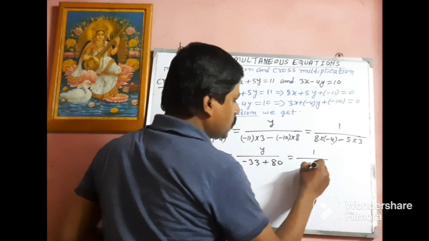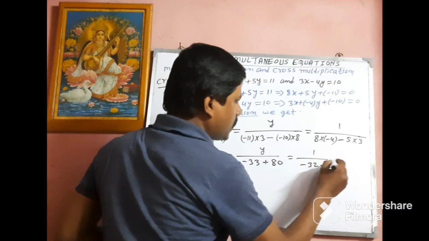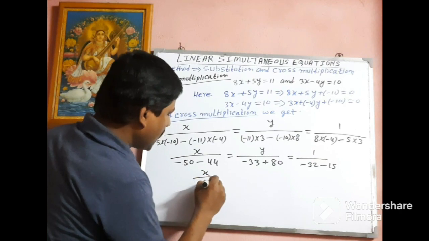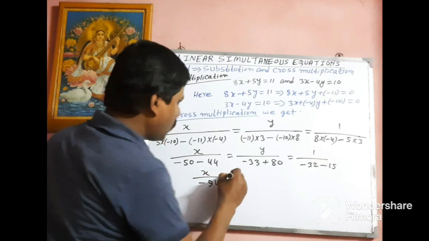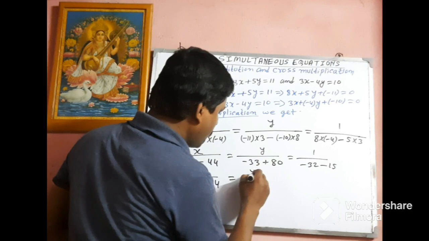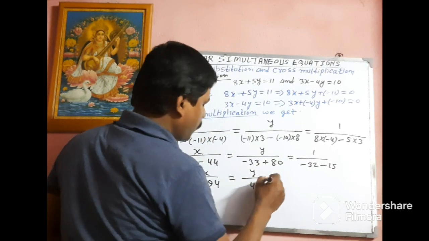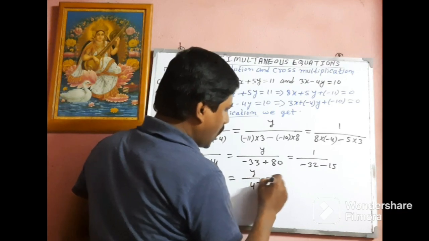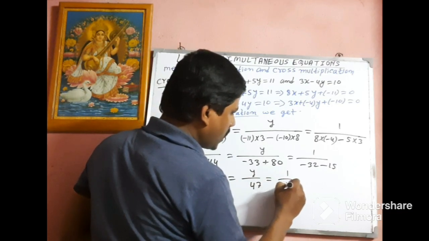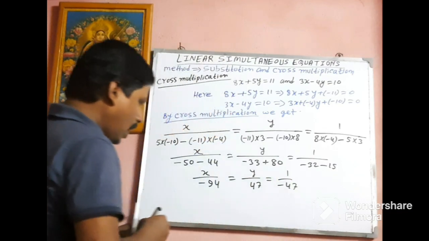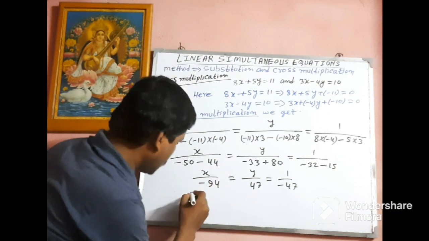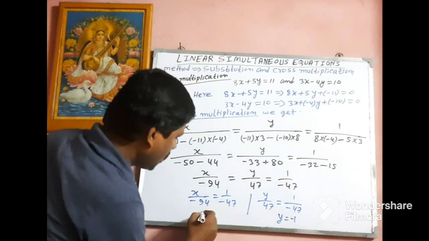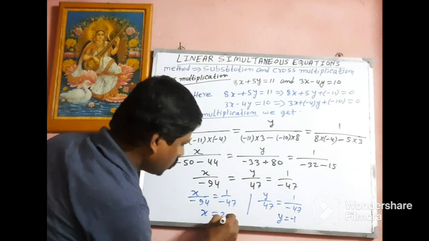Here 32 minus 15, so this will be x by minus 94 and this is y by 47, and this is 47. Now these two parts, that is, here y is equal to minus 1 and here x is equal to 2.